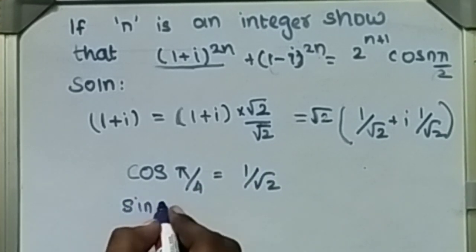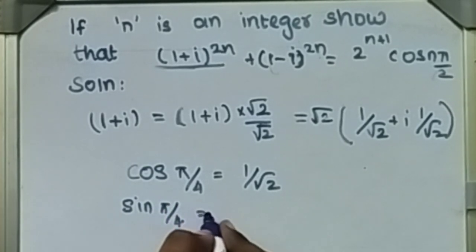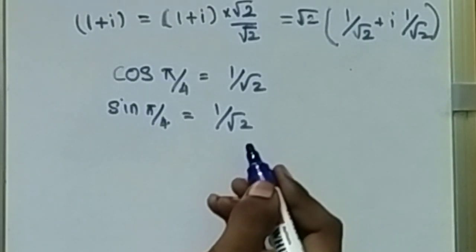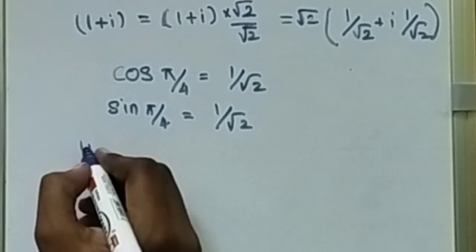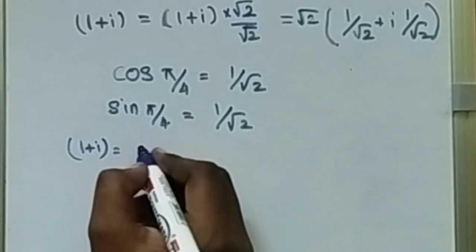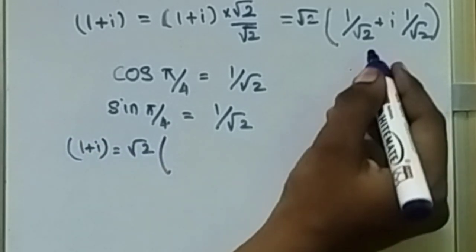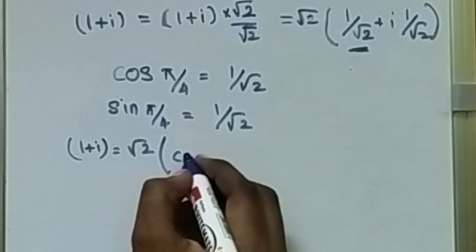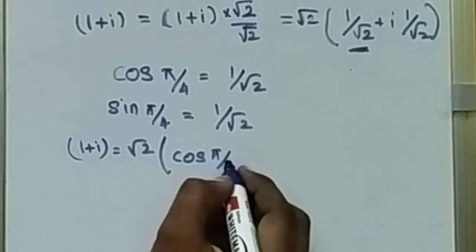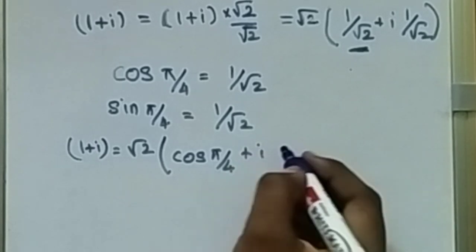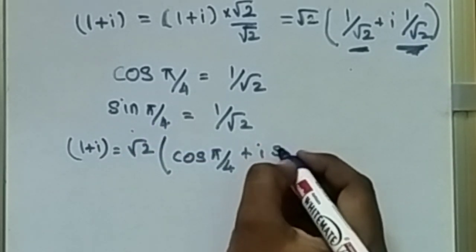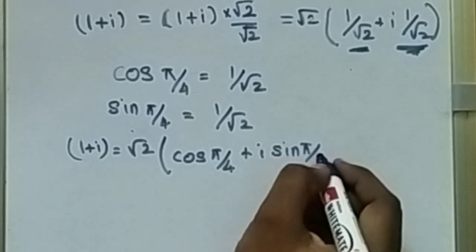Similarly sin π/4 equals 1 by root 2. We are going to substitute this here. So 1 plus i equals root 2; in place of 1 by root 2 we write cos π/4, and in the imaginary part 1 by root 2 we take sin π/4.